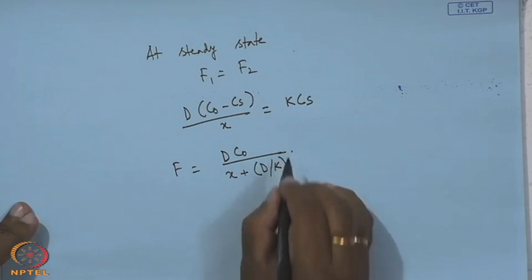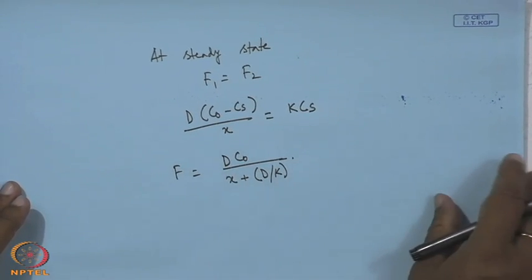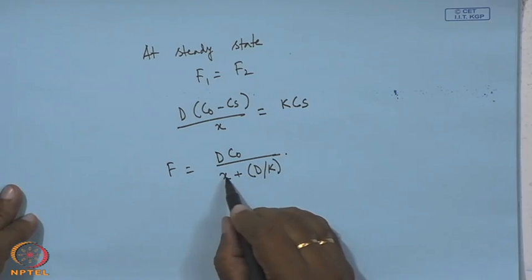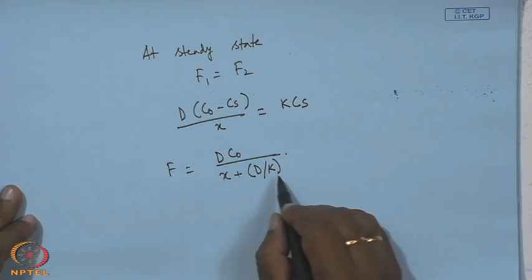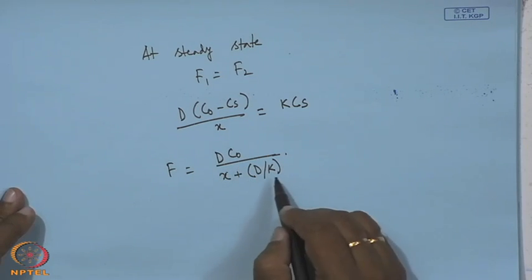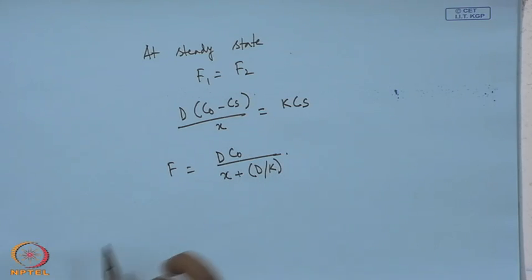As mentioned earlier, D is the diffusion constant or the diffusivity of the oxidizing species in silicon, x is the thickness of the oxide layer already formed, C0 is the surface concentration, and k is the surface reaction rate constant for oxidation.